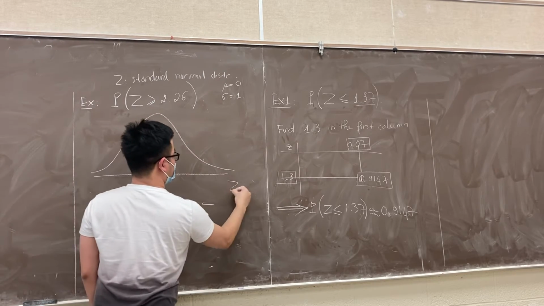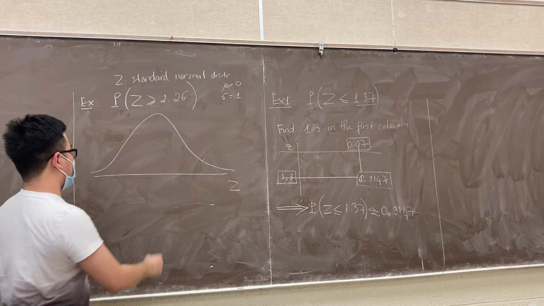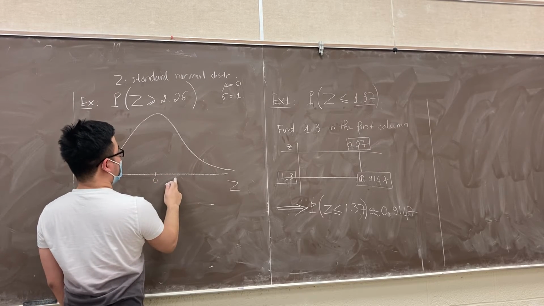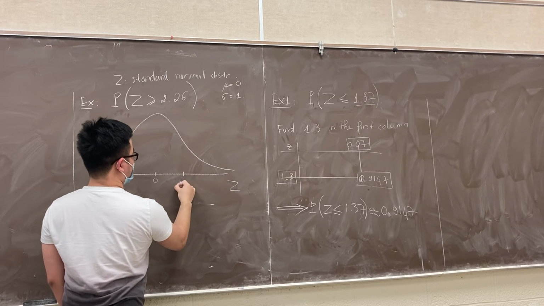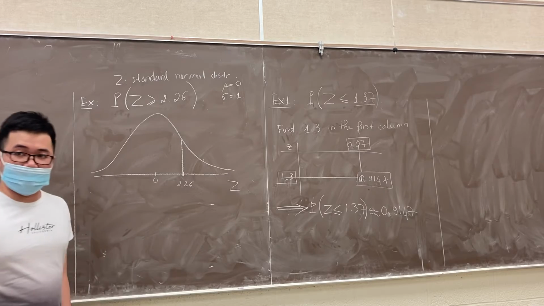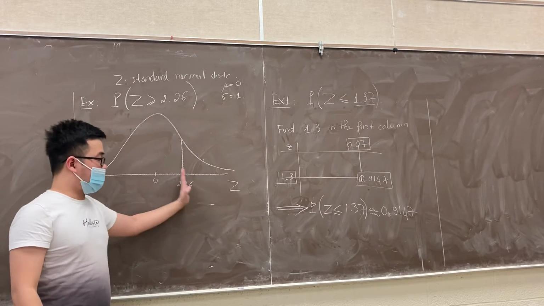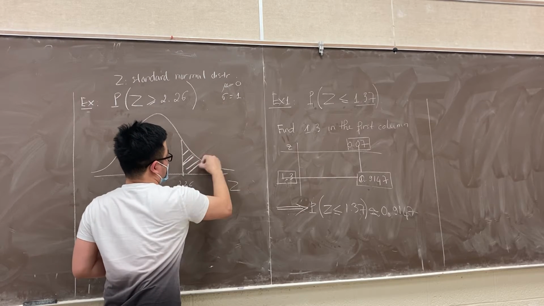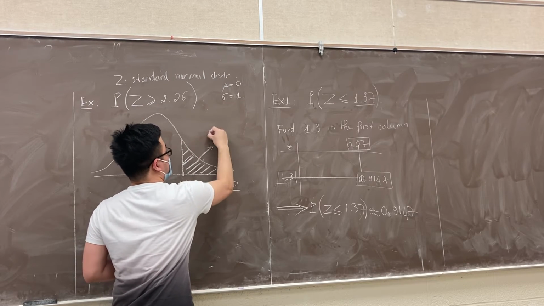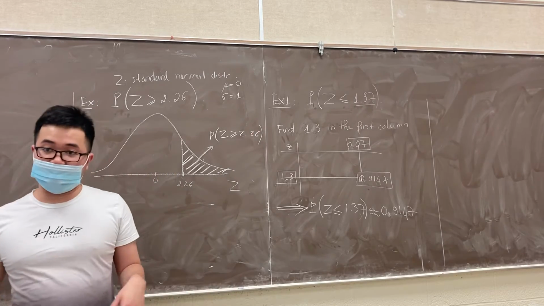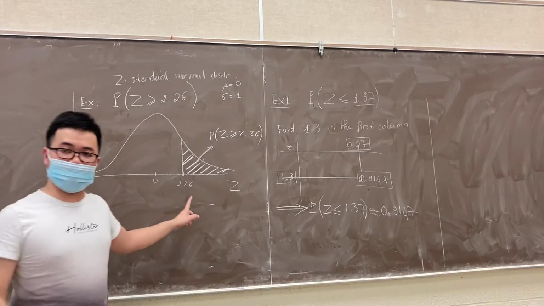And Z is greater than this number. So 0 here, and 2.26. Z greater than this number means I will choose this region, right? Clear, right? We will choose this region.